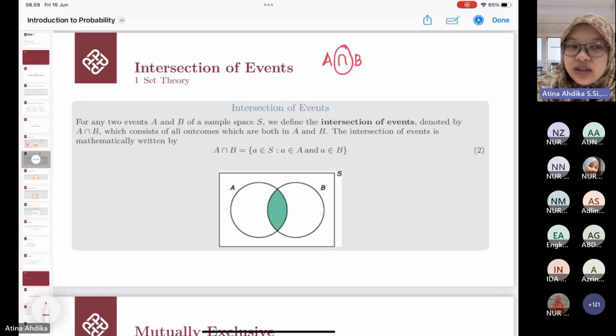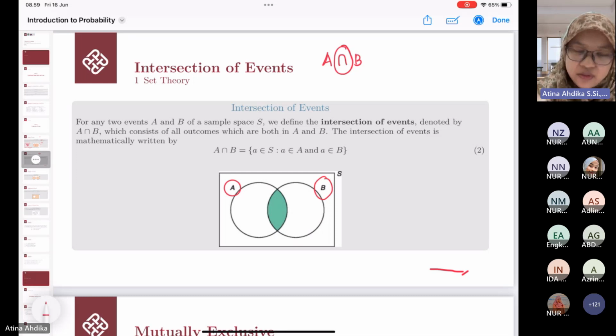The intersection consists of all outcomes which are both in A and B. If we see the Venn diagram here, we have event A and event B. So the intersection is every outcome which is in A and in B.